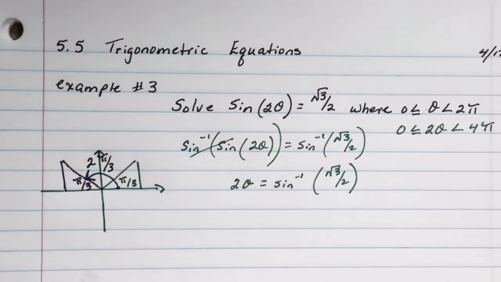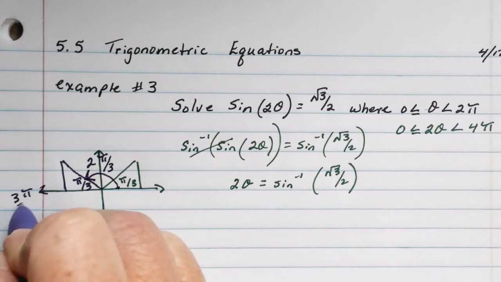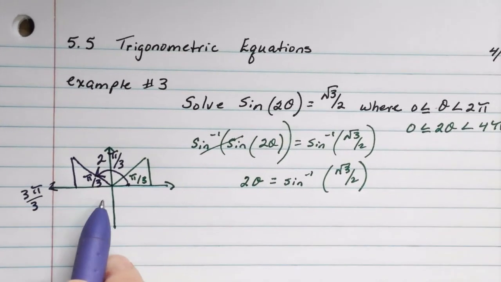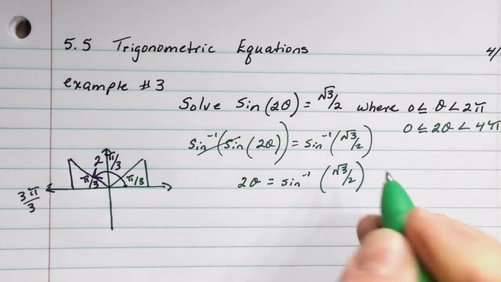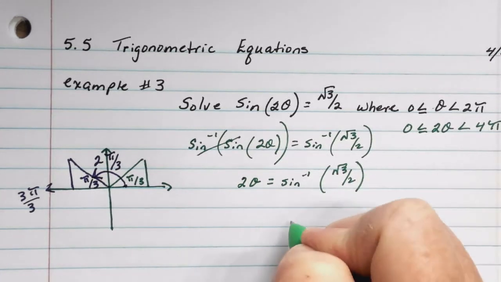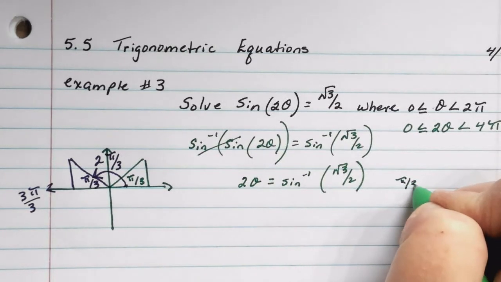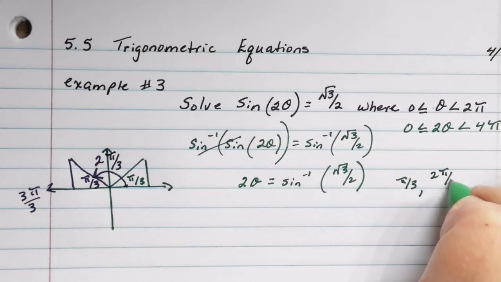The reason is that pi can be rewritten as 3 pi over 3, so we're just going pi over 3 shy of it. So now 2 of our solutions are pi over 3 and 2 pi over 3.